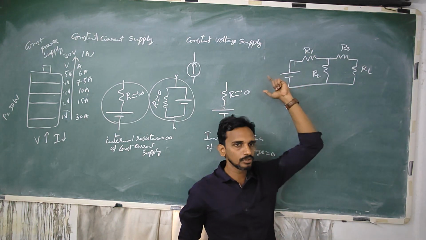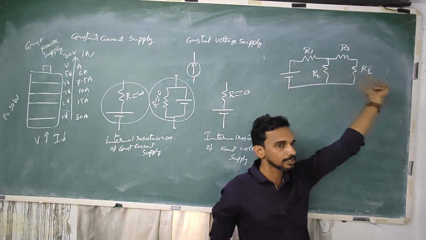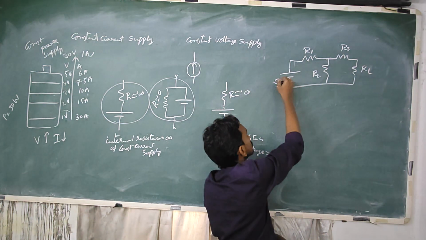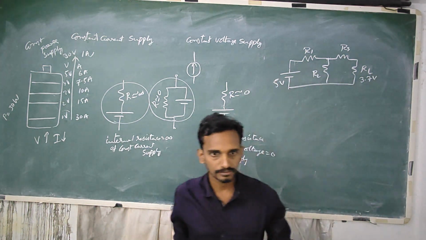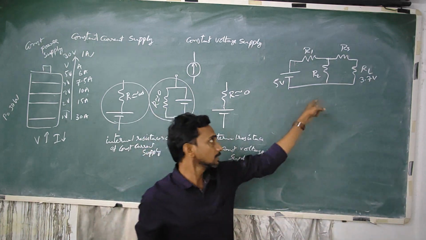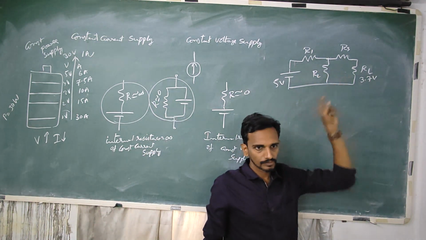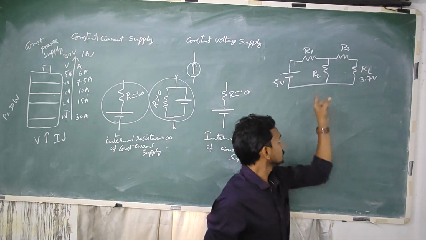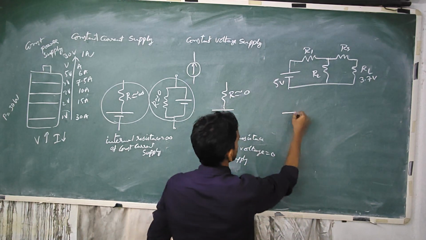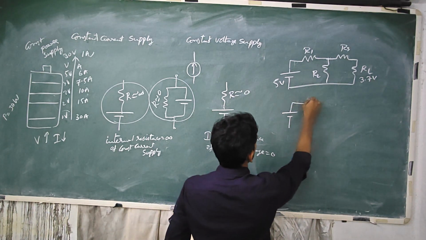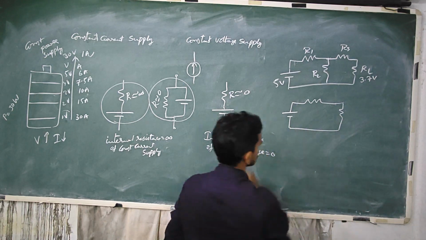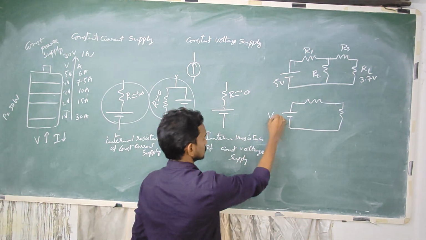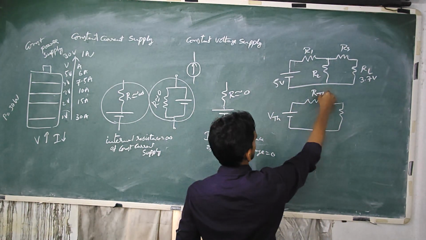So whatever voltage you are supplying here may not be reaching that. Let's say this is 5 volts, and at the end this might be working at 3.7 volts. So in between some voltage is dropped. So this entire complex circuit can be reduced to a constant voltage supply in series with a resistance. That voltage is called VTH and the resistance is RTH.